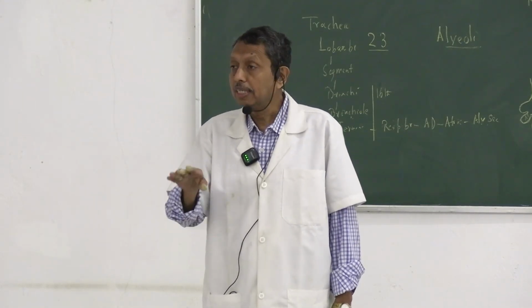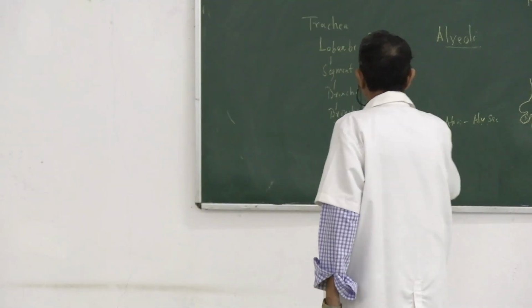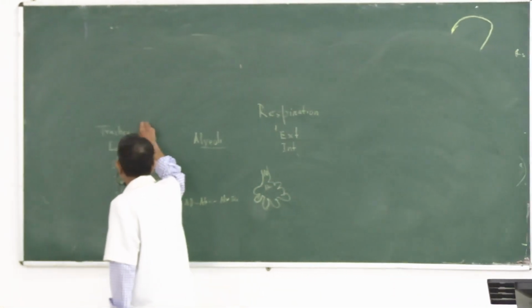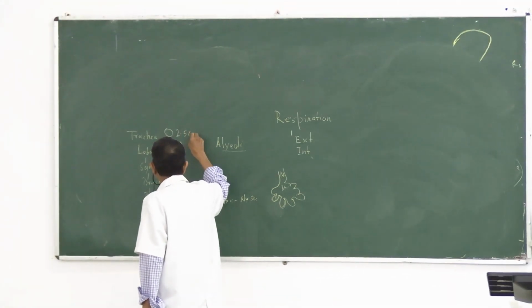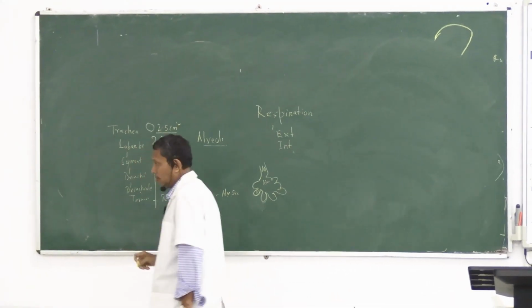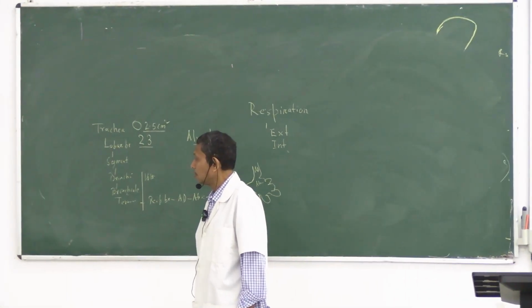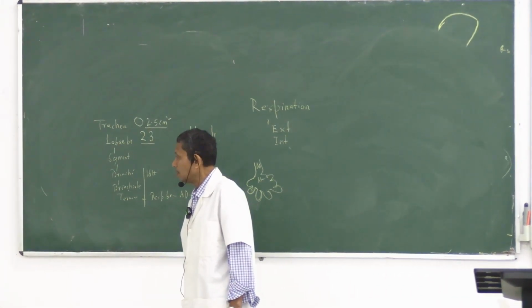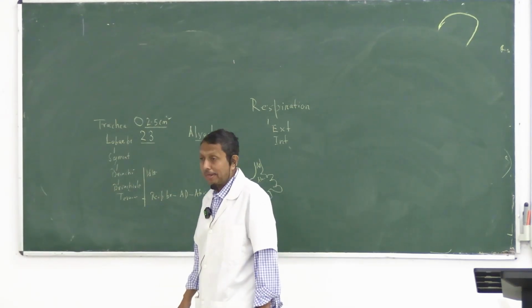and cross section increases enormously. Suppose at the level of the trachea, the cross section is 2.5 centimeters square.